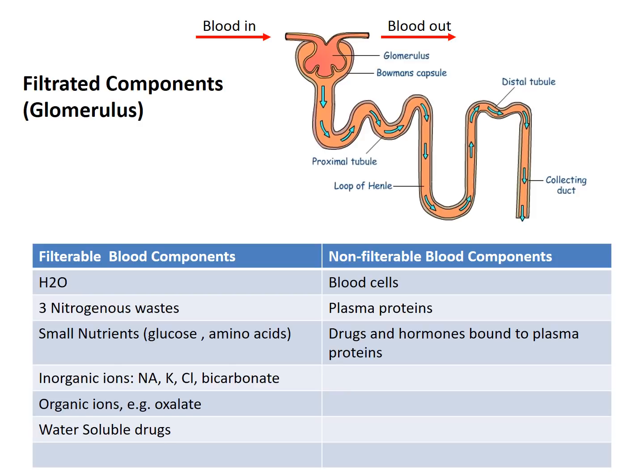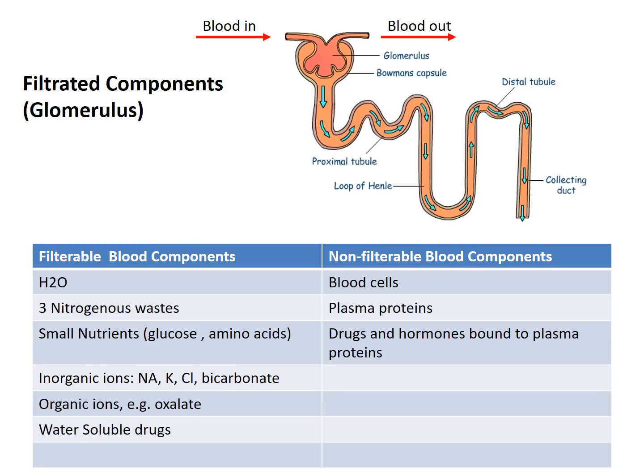Blood moves into the glomerulus and blood moves out of the glomerulus. And then the water-soluble portion of blood, the plasma, and the components of plasma, particularly if it's small and water-soluble, can move out of the glomerulus into Bowman's capsule. So what do we filter?